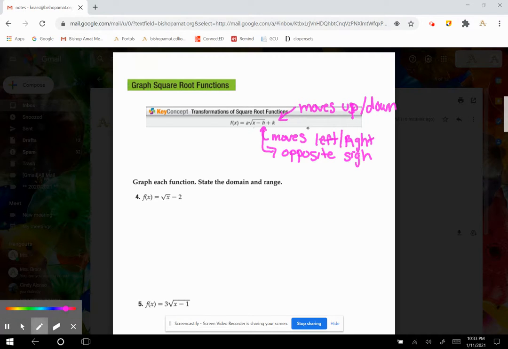And then the a is the reflection. Okay, so your vertex is always h comma k.